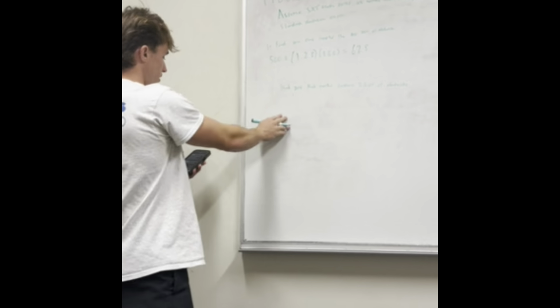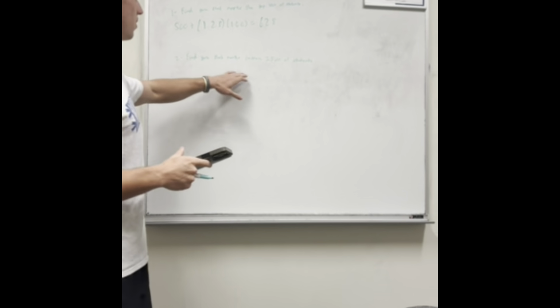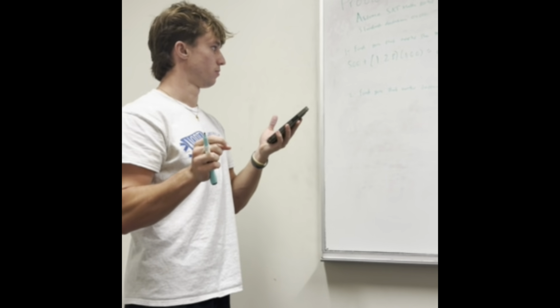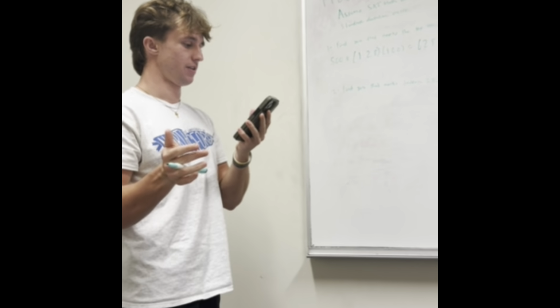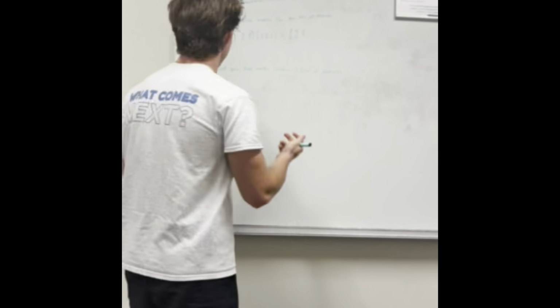So that's number 1. Number 2 is kind of the same thing, with a little bit different numbers. We're going to find the score that marks the bottom 25% of students. So I'm going to go to my z-table and look at the number closest to 25%, 0.25. That's going to be negative 0.67.